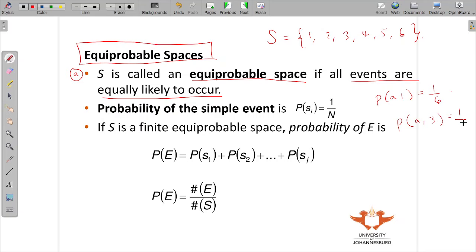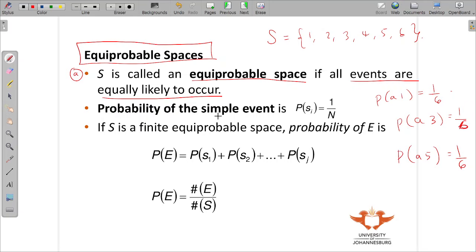It is still 1 over 6. What is the probability of a 5? It is still 1 over 6. So that is what we call an equiprobable space.